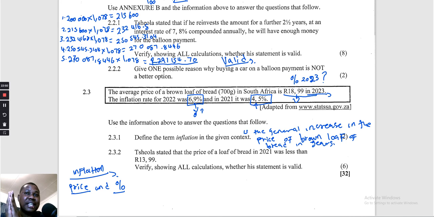I hope I'm making sense. And then from there we would take the price of 2022 that we got. We are now having the information of inflation rate for 2022 and for 2021. Therefore, we know that between 2021 and 2022, the inflation has increased by 4.5%.